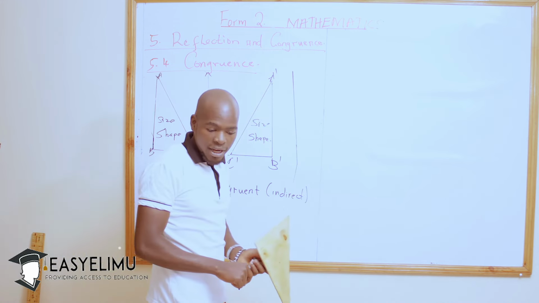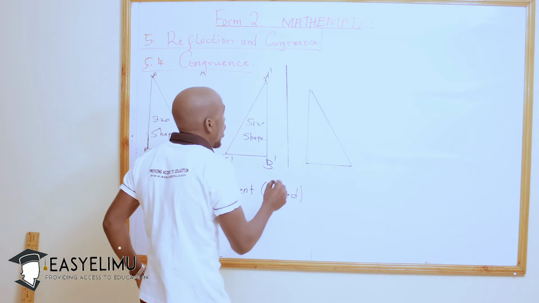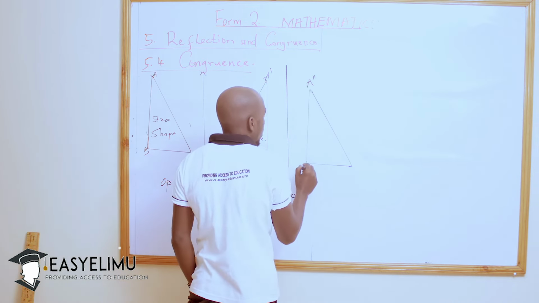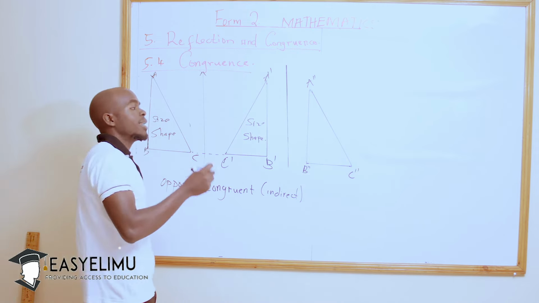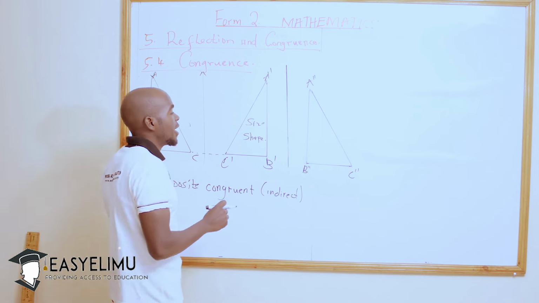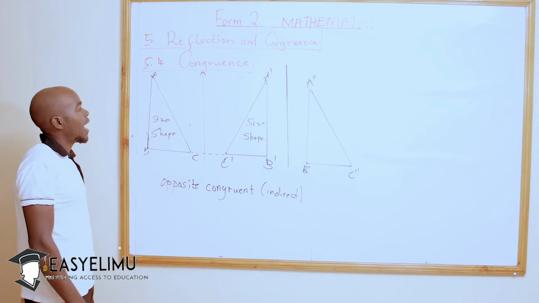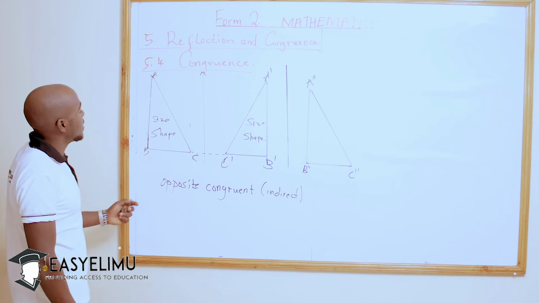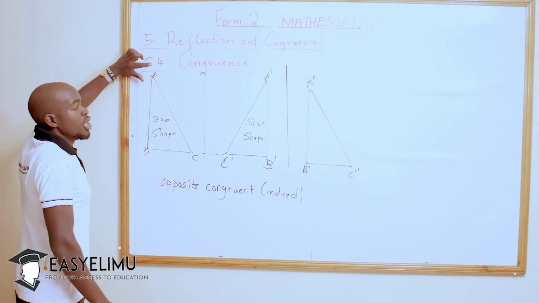If that is my reflecting line, you will get A double prime, B double prime, and C double prime being the same size and shape as the others, but now this one is just the same as the initial object.